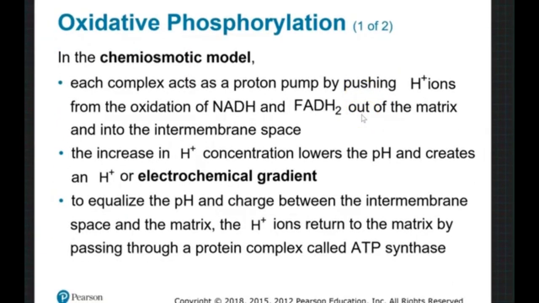So this overall process is referred to as chemiosmosis. Each complex pumps protons using energy that was derived from the oxidation of NADH and FADH2.